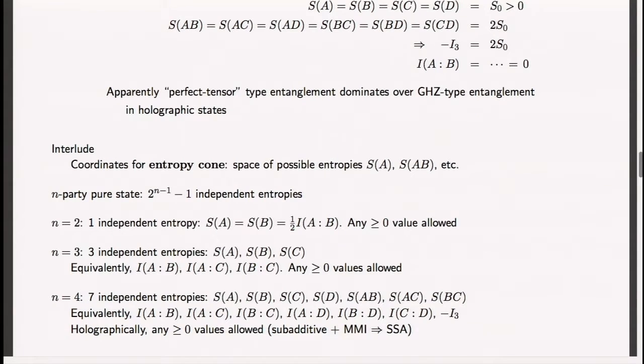The holographic cone sits inside of the quantum cone, and the quantum cone is just the ones allowed by, you just drop this one, but you can't really write it in such an easy way. It's not just this sort of octant in the 7-dimensional space anymore. So the holographic cone actually is simpler in that sense.